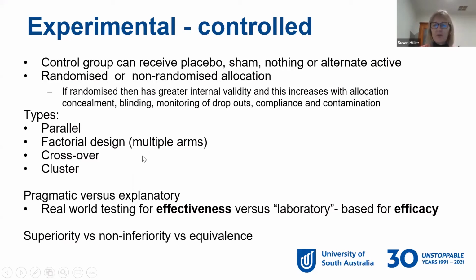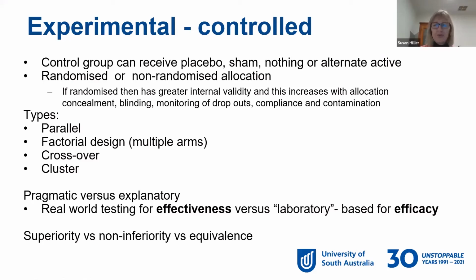Then there is a crossover. Now, crossover trials have a fairly poor reputation in rehabilitation because they come from a paradigm where there can be a washout period at the crossover time between the interventions, so that theoretically the effect of the intervention washes out or dissipates, and that the participant returns to baseline.